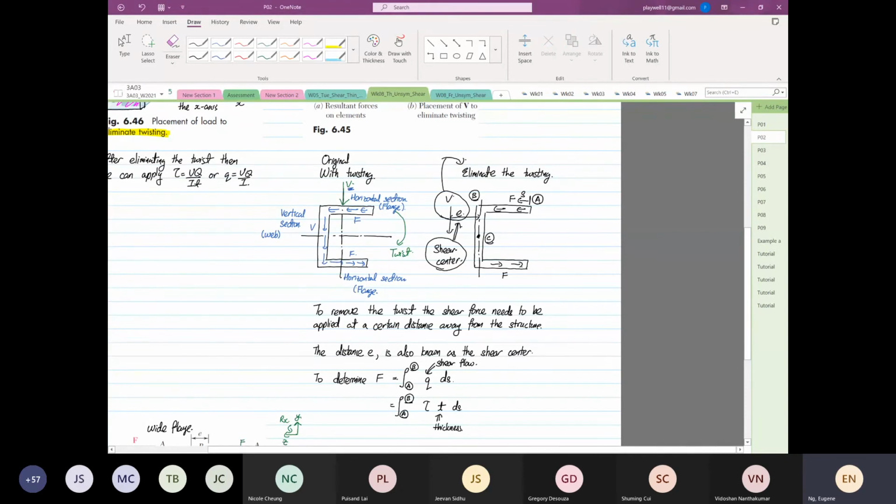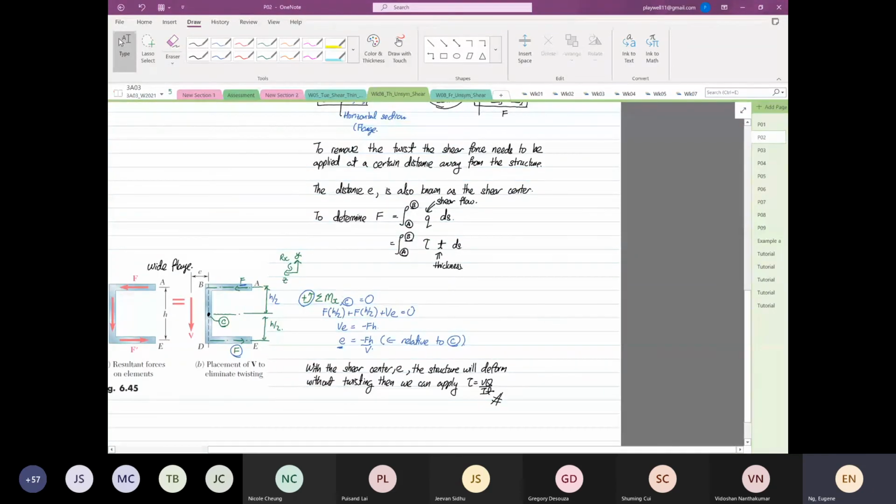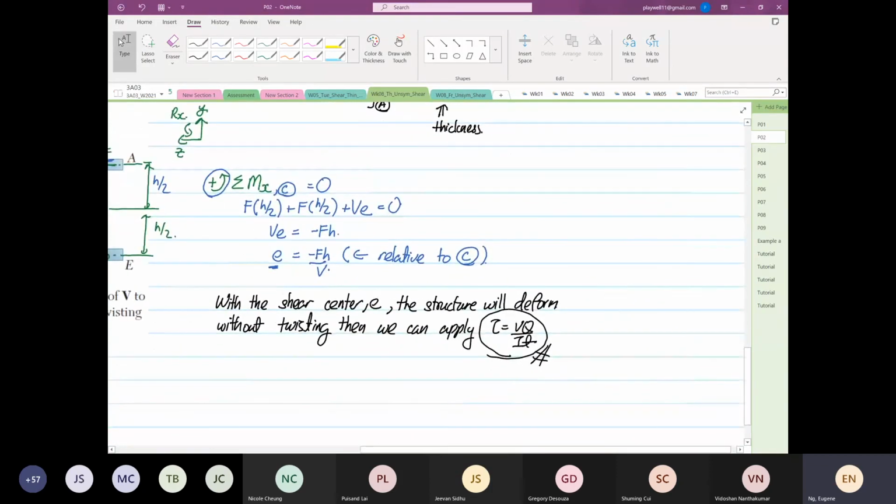The purpose of this shear center is to ensure that we eliminate the twisting, totally get rid of the twisting. Why we want to eliminate the twisting is because we want to apply the formula, shear stress is equal to VQ over IT. In order to apply this formula, we cannot have any twisting phenomena.